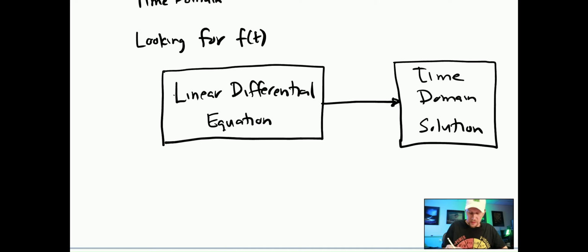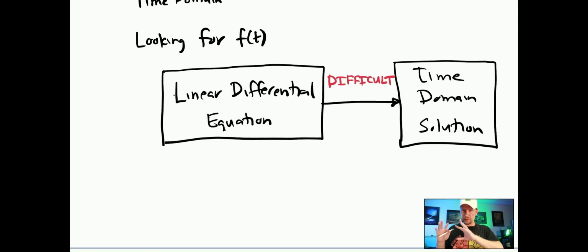Now, the problem is that getting to the solution inside of the time domain, and I'm going to put this in red, in general tends to be relatively difficult, especially if your sources themselves are not perfectly DC sources and if they're not even sinusoidal sources.